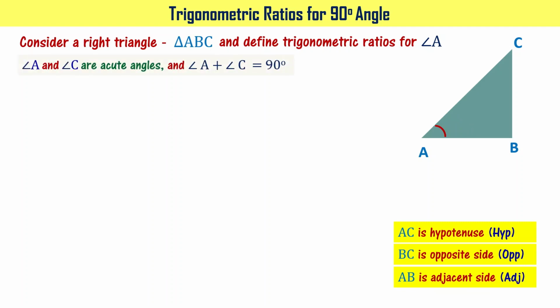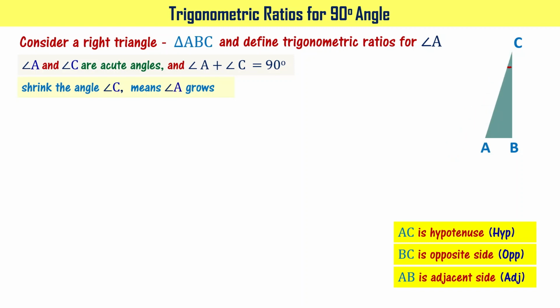We know that angle A and angle C are acute angles, and angle A plus angle C equals 90 degrees, right? It means that if angle A increases, angle C is going to decrease such that their sum is going to be equal to 90 degrees, right? Now, let's think of angle C such that angle A grows. When you do that, what happens? Let's try to understand.